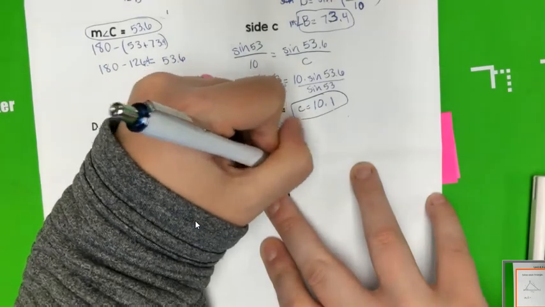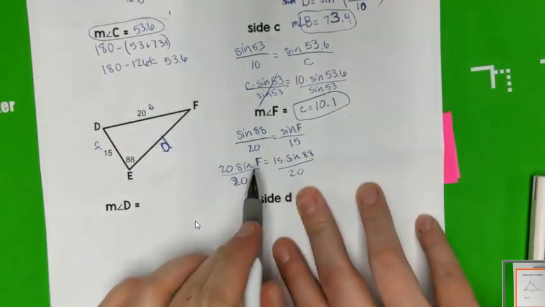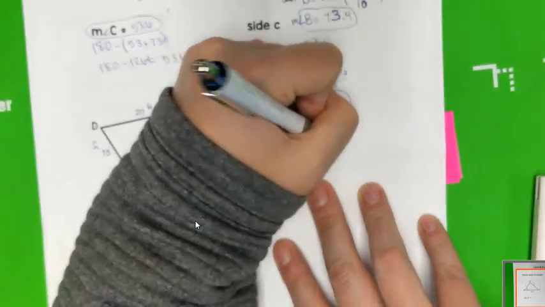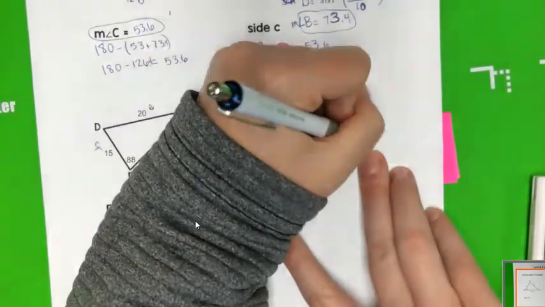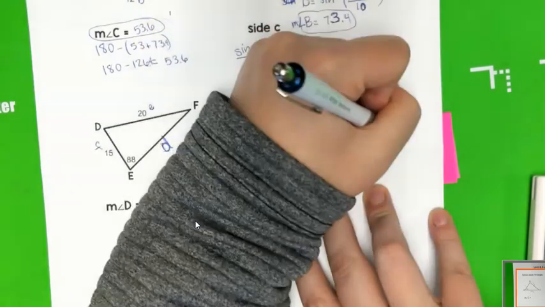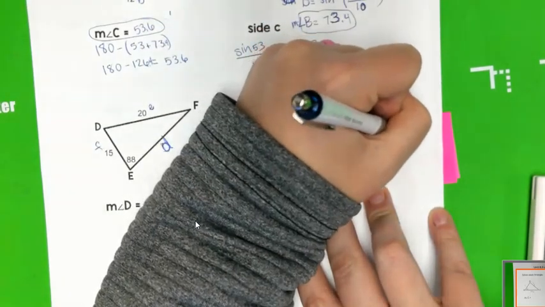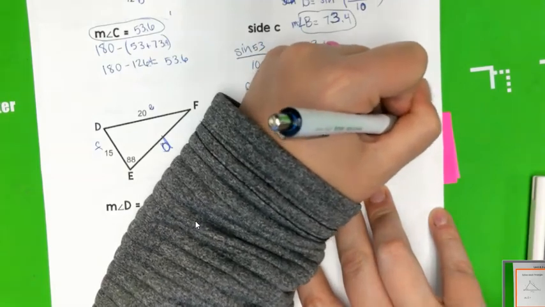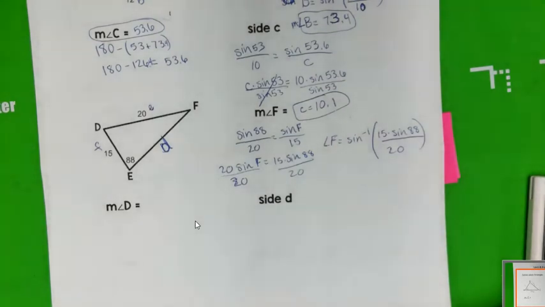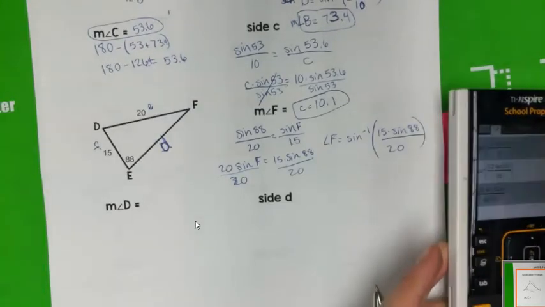And then remember what we did before. When we were looking for an angle, to find angle F, you must take the sine inverse of this whole thing, 15 times sine 88, divided by 20. So let's see what that looks like in the calculator.